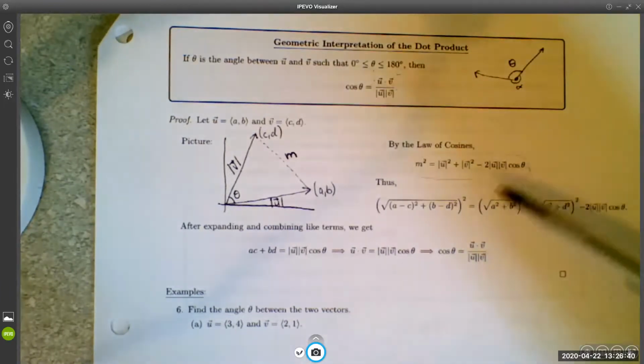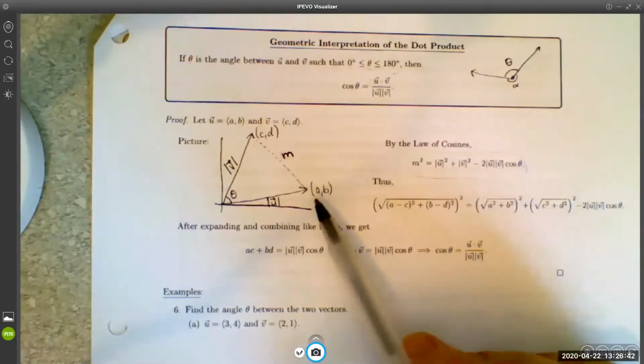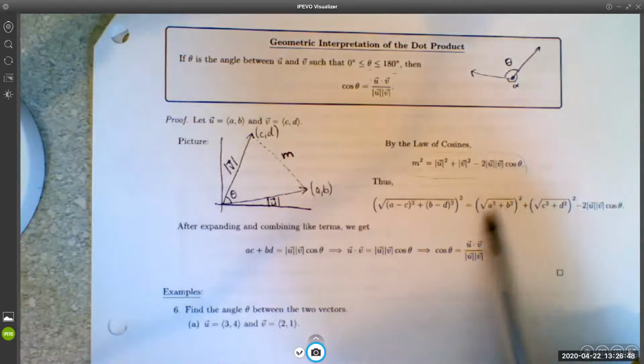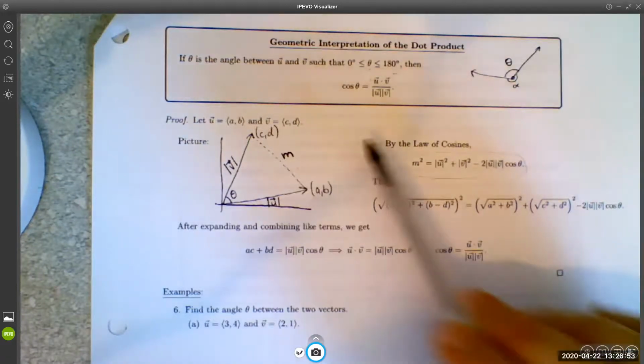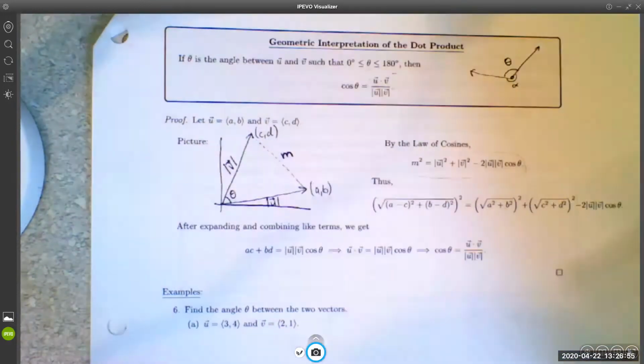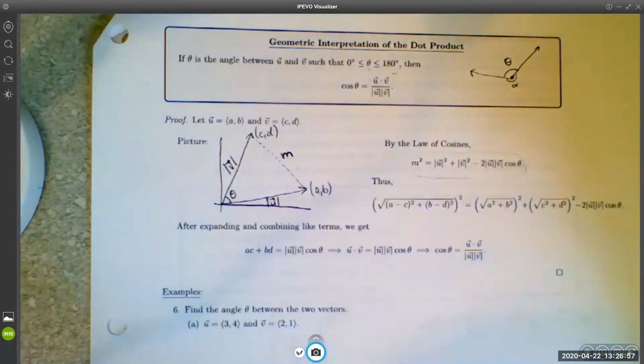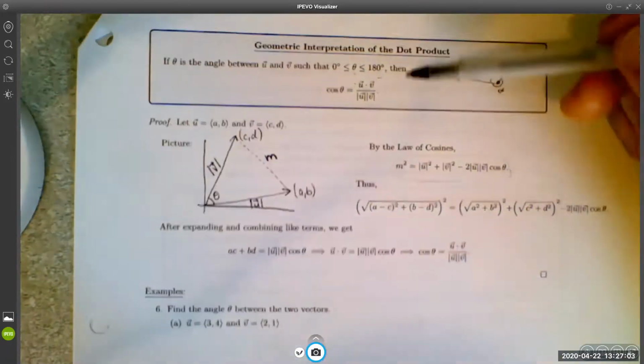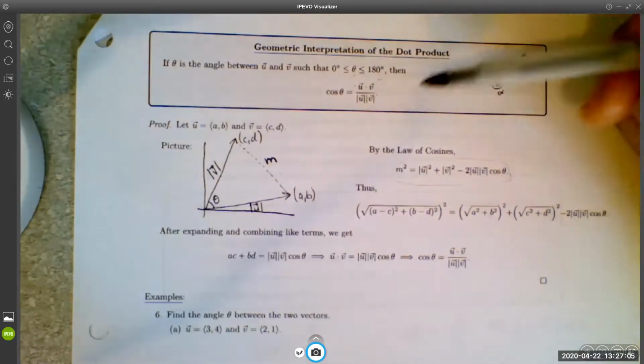Magnitude of u should be the square root of A squared plus B squared, and magnitude of v should be the square root of C squared plus D squared. The other magnitudes I'm not going to fill in, because we want to preserve those in order to get the formula that we're looking for.